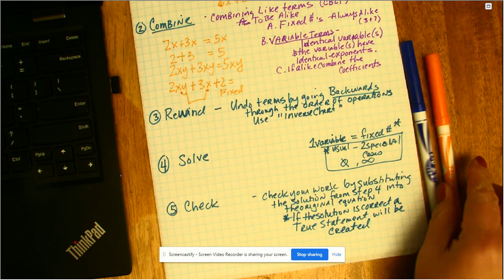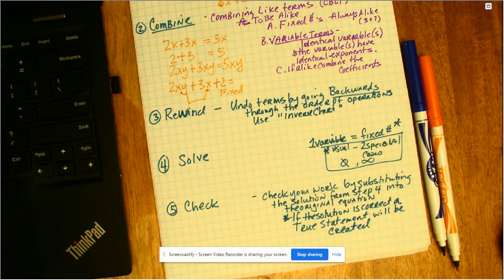So let's just talk for a minute about kind of what is the goal of these steps, right?